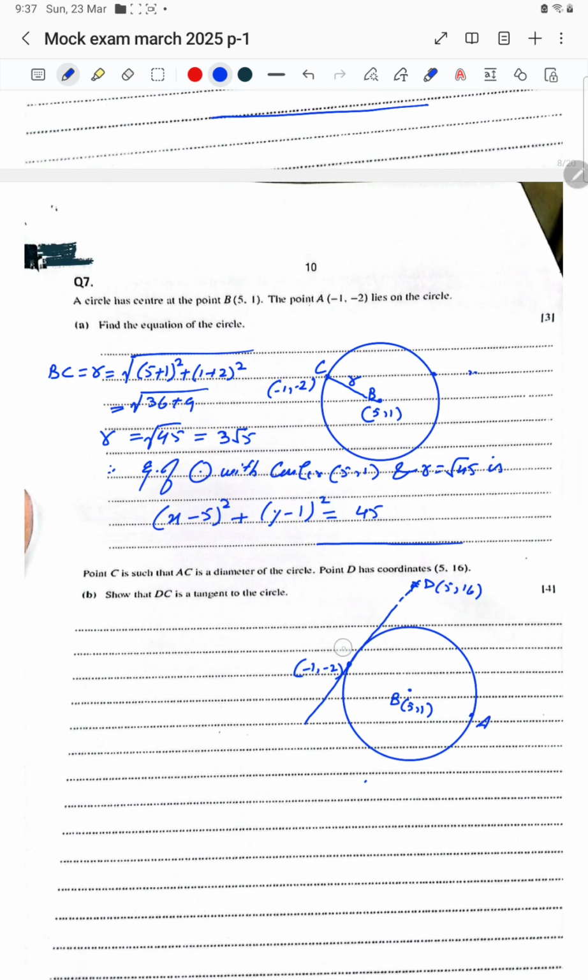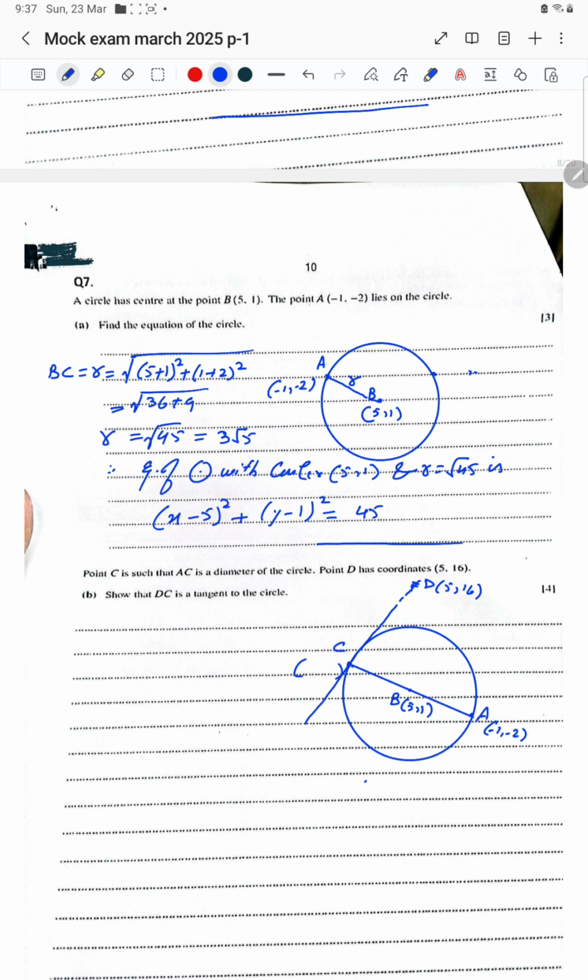This was not C, this was A, sorry, it is A, and AC is the diameter of the circle. It means C is here, A is here, (-1, -2), and this makes this the diameter of the circle.